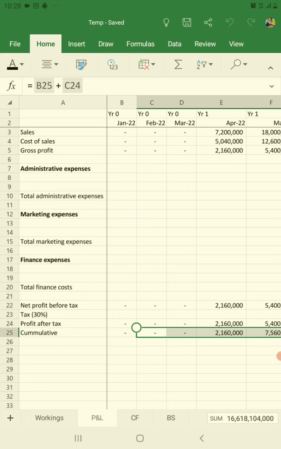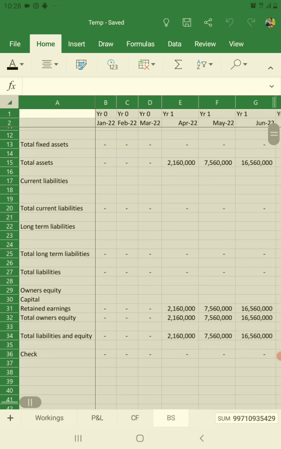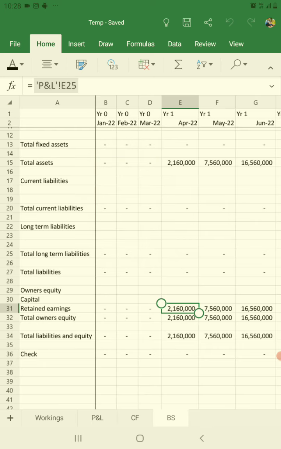And the balance in the profit and loss account is in the profit after tax. So the cumulative figure of it is reflected in the balance sheet as retained earnings. On the retained earnings side, we have that cumulative profit after tax at the end of each period, in this case at the end of each month.